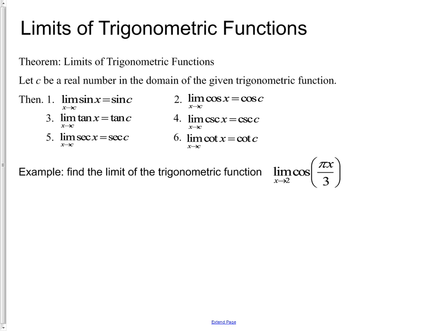So for example right here, let's talk about this limit as x approaches 2 of the cosine of pi x over 3. Well, what we're really saying right here is that we're looking for a way to evaluate this, and if we look at number 2 on the list right here, we can see that if c is within the domain of the cosine of x, then the limit will be the cosine of c.